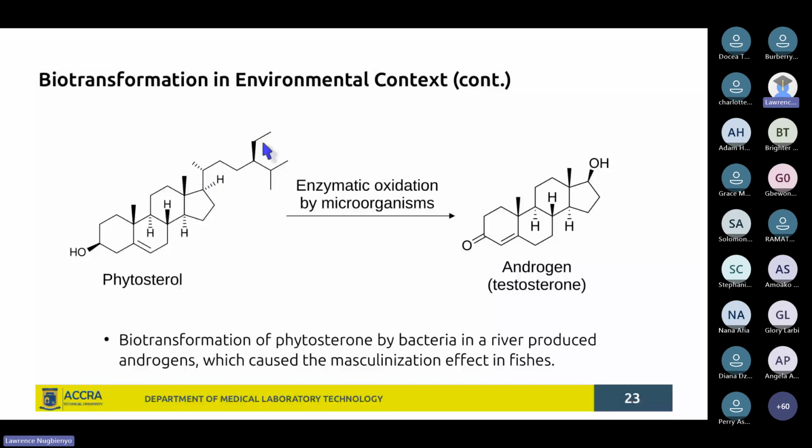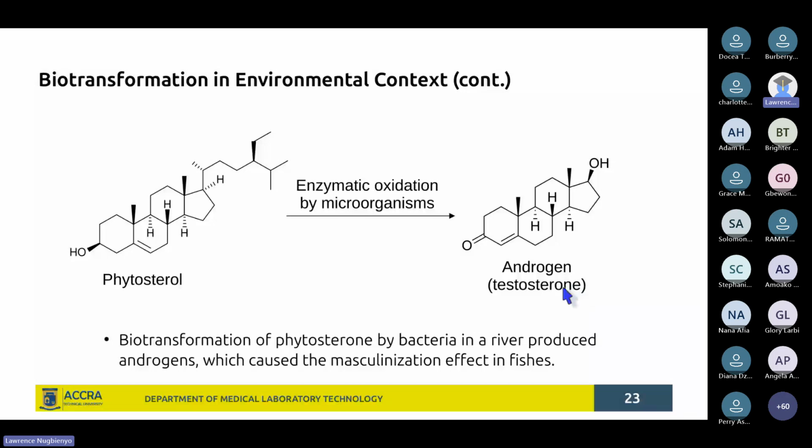Of course, even if the side chain is there, you have an oxidation of that hydroxy group. Instead of a sterol, you will now have a sterone. From a sterol, you have a sterone. So that resulted in the masculinization of the fishes, which is why you had these features manifesting in the fishes.